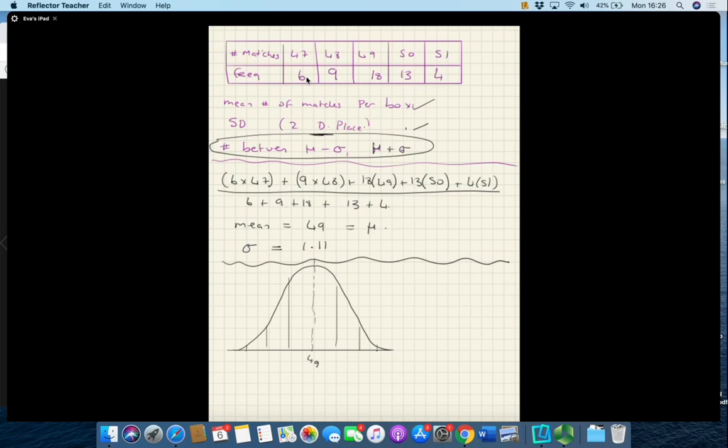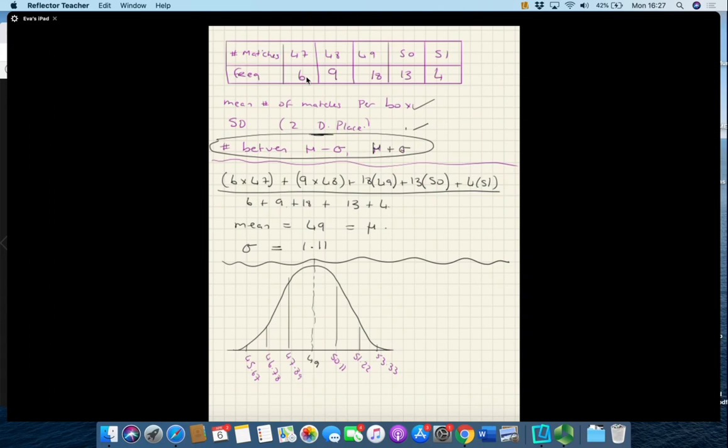So 49 plus 1.11 brings me up here to 50.11, and if I add on 1.11 again, I'm at 51.22, and then this one to be 53.33. And if I go down from 49, it's 49 minus 1.11, which is 47.89. If I minus 1.11 again, 46.78, and minus 1.11 again, 45.67.